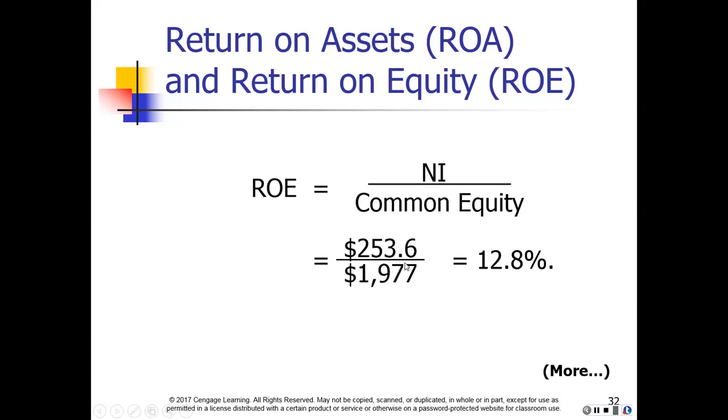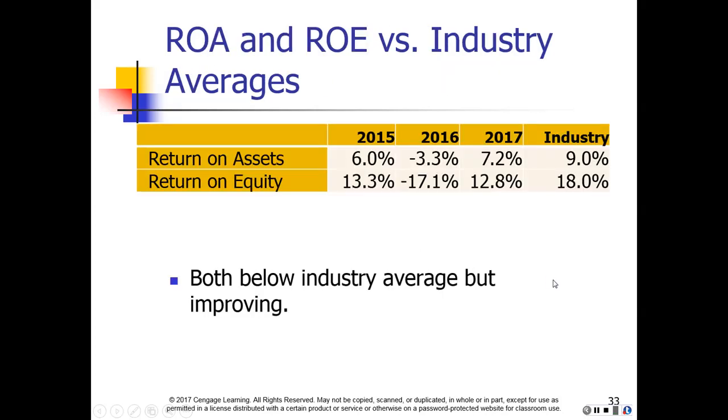And so net income over total equity for Computran is 12.8% in 2017, right? So when we look at return on assets and return on equity, well, even though they improve, they're both lower than the industry average, right?